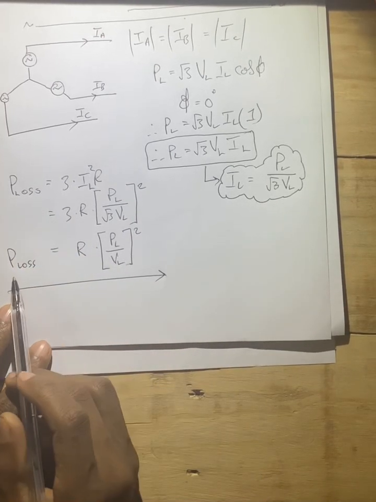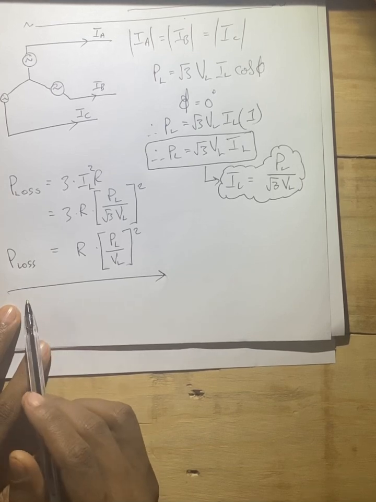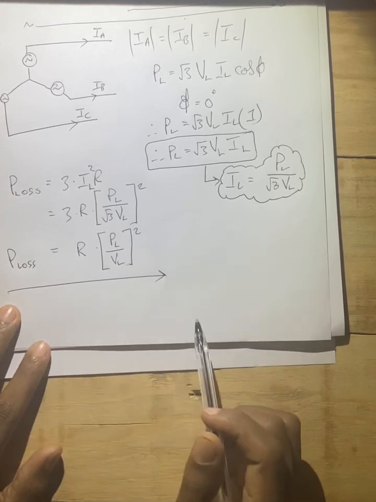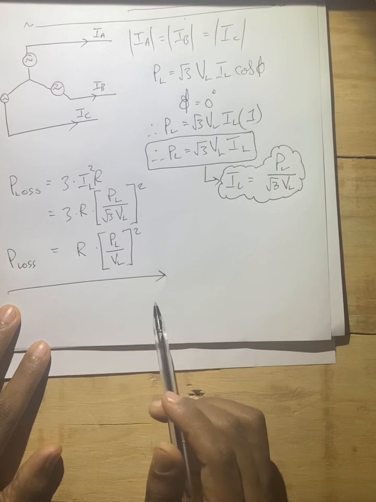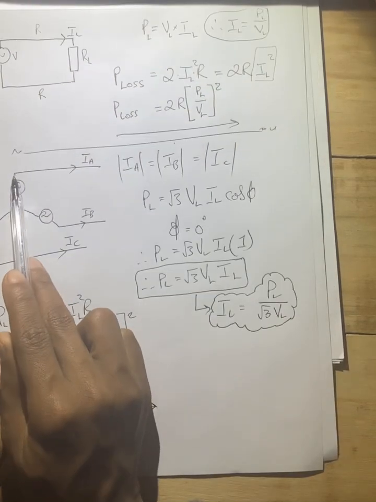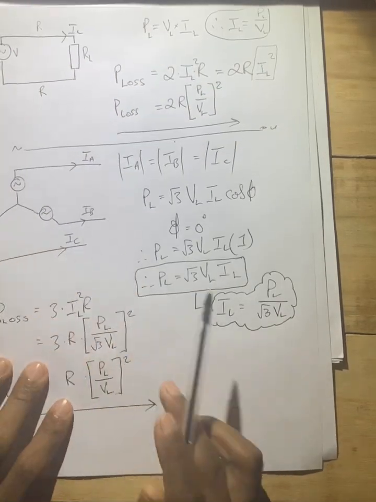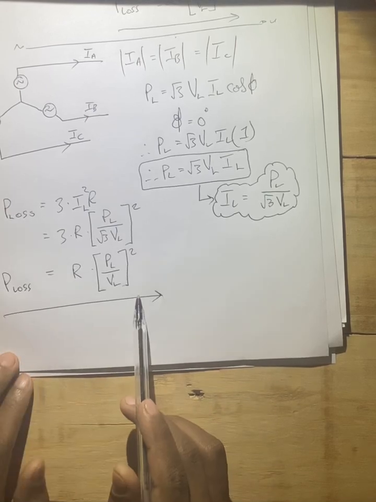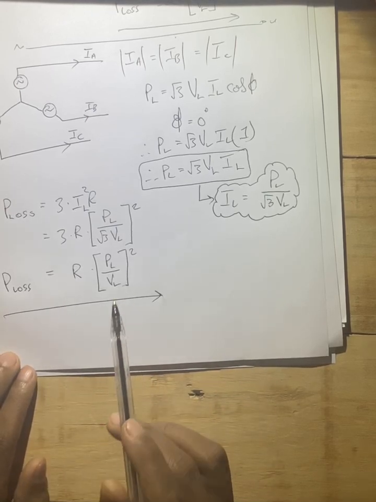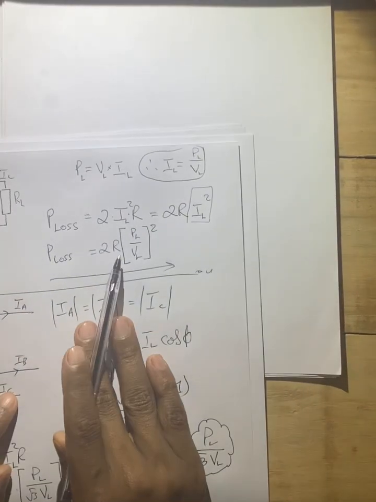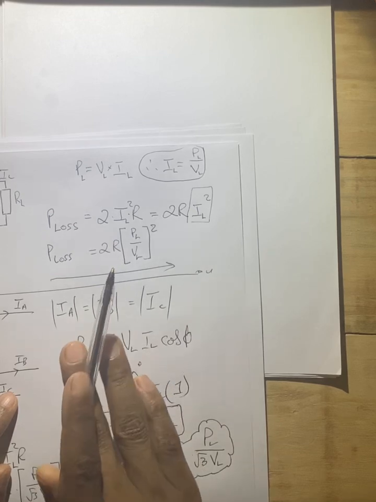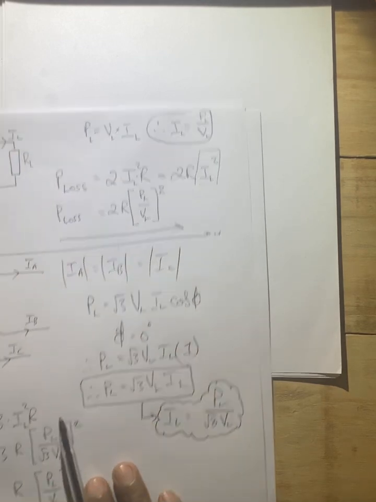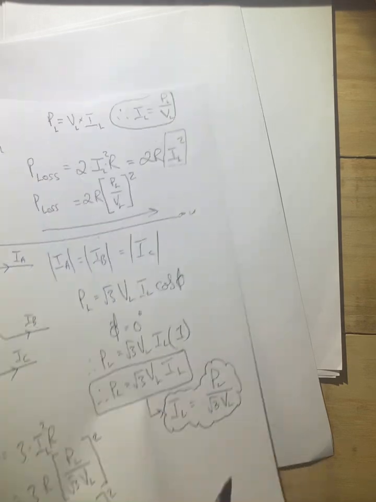Same thing happens. We've successfully managed to get an expression that will express the power loss due to wiring. In this case, here's the expression. So this is the expression for three-phase. That's the expression for single phase. By expression, I mean power loss expression. Okay, right now let's go deeper.